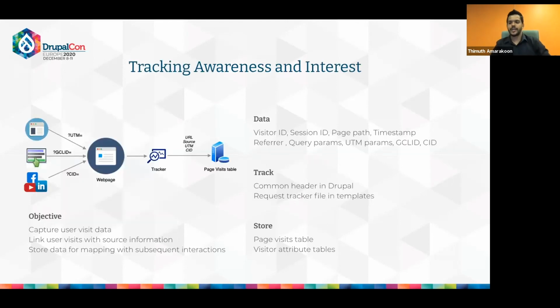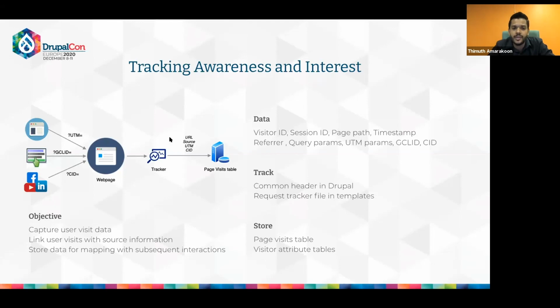Okay, let's look at the awareness and the interest stage again and see what we can capture using our own tracking systems. So in this stage, like I said, people are coming to our website from external sources. Their visits will contain source parameters and maybe URL parameters and cookie data and everything.